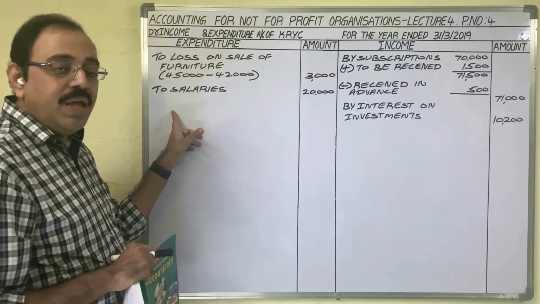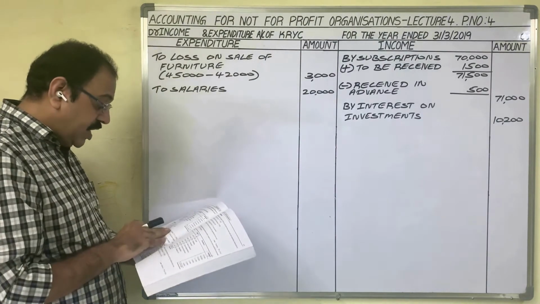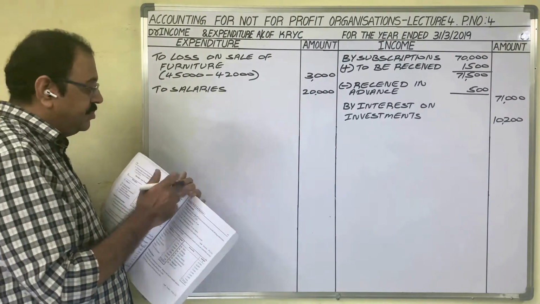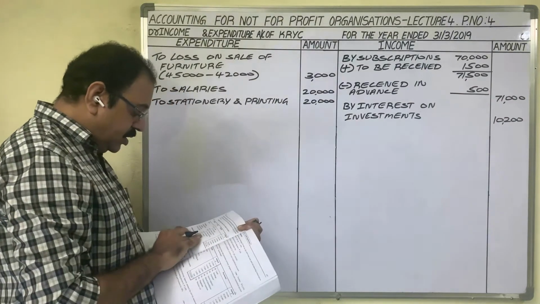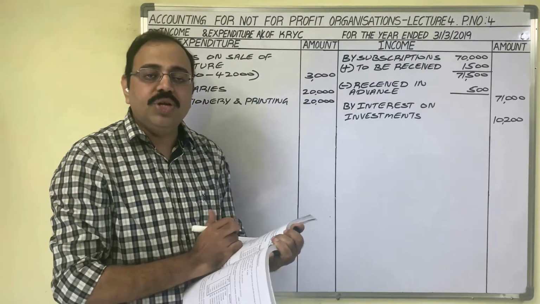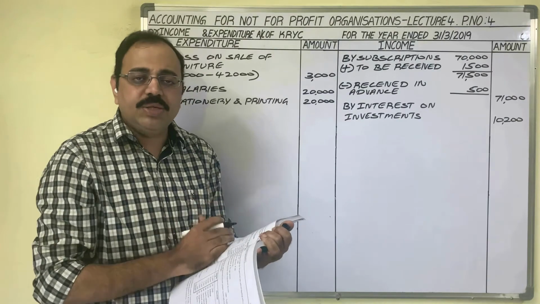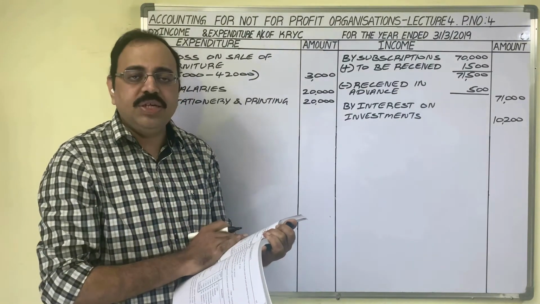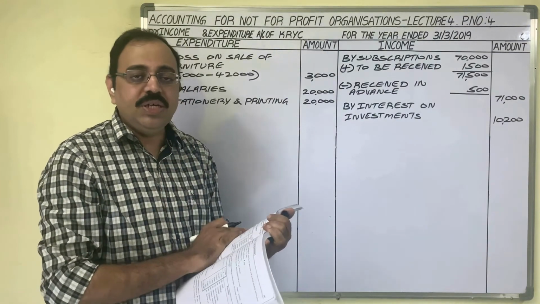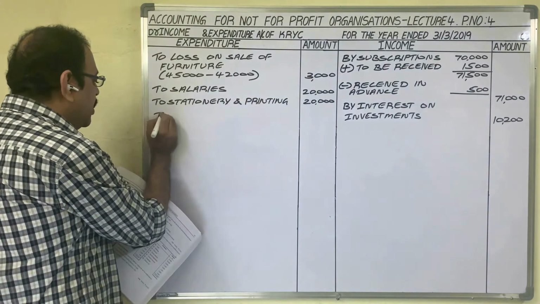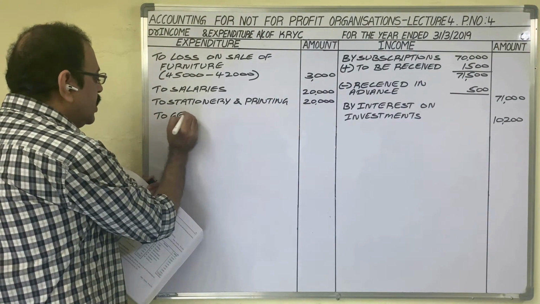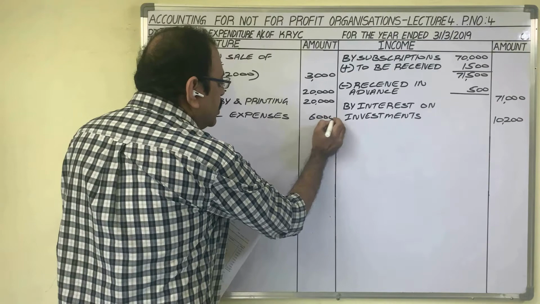It appears on debit side. To stationery and printing 20,000. Next, general expenses 6,000 rupees. It is a common expenditure, regular expenditure. So revenue expenditure, it appears on debit side. To general expenses 6,000 rupees.